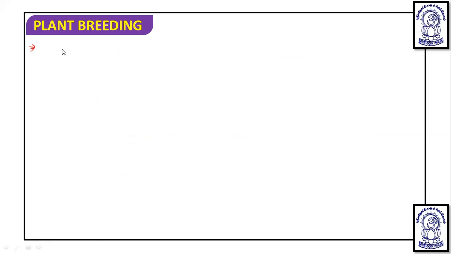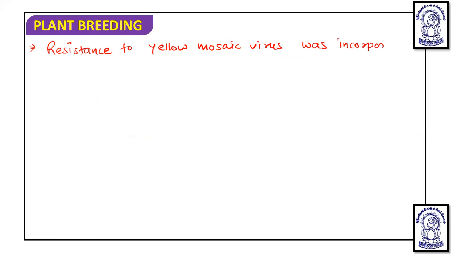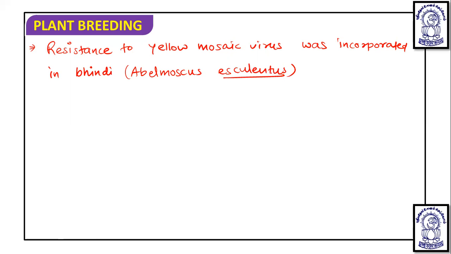Now it is known that the resistance to yellow mosaic virus was incorporated in bhindi, that is Abelmoschus esculentus.